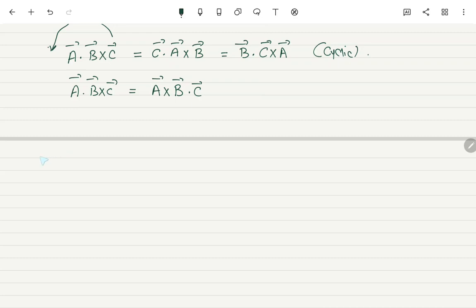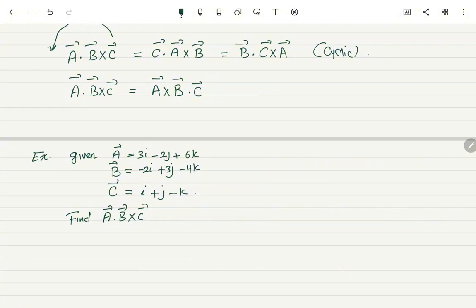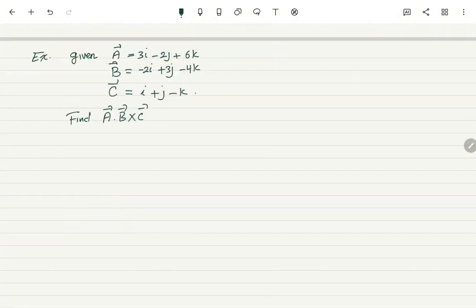Let's have an example. If we have A as a vector 3i minus 2j plus 6k, B equal to minus 2i plus 3j minus 4k, and C equal to i plus j minus k, find A dot B cross C. To find this, A dot B cross C, again, you open a determinant.